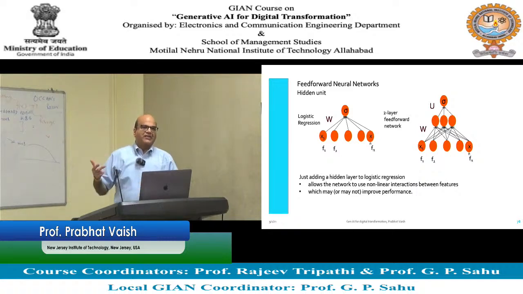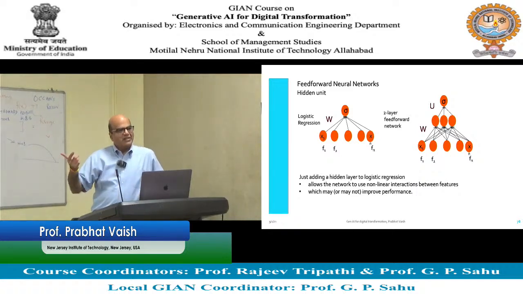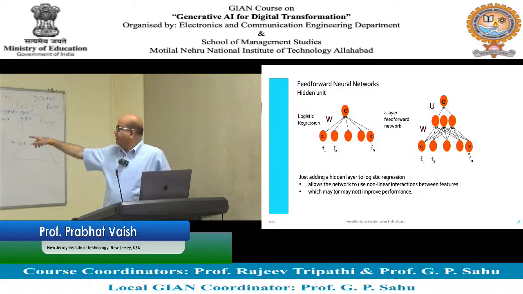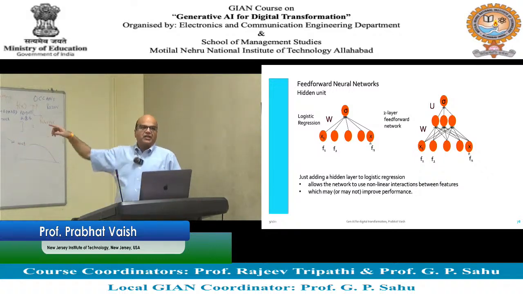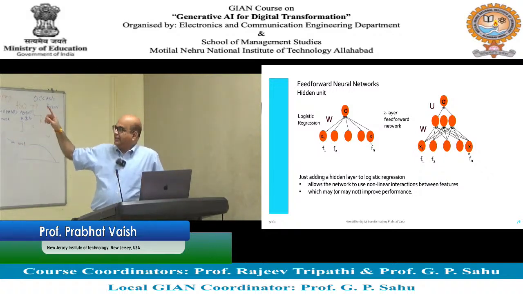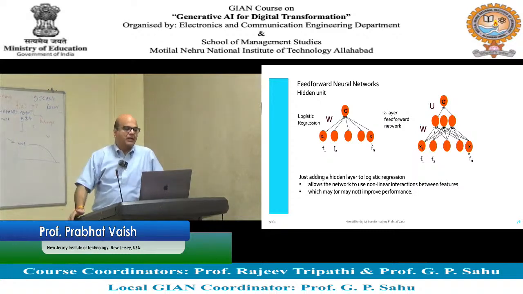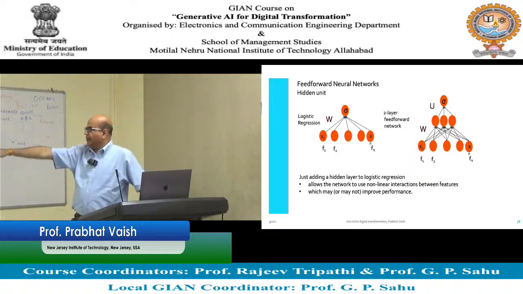Very quickly we learned that we can do AND and OR gates, but not the exclusive OR gates. Then we realized that if we add a hidden layer, even if we are using the linear activation function, the one hidden layer or two-layer feed-forward network can actually also implement exclusive OR. That's exactly what I'm saying here.